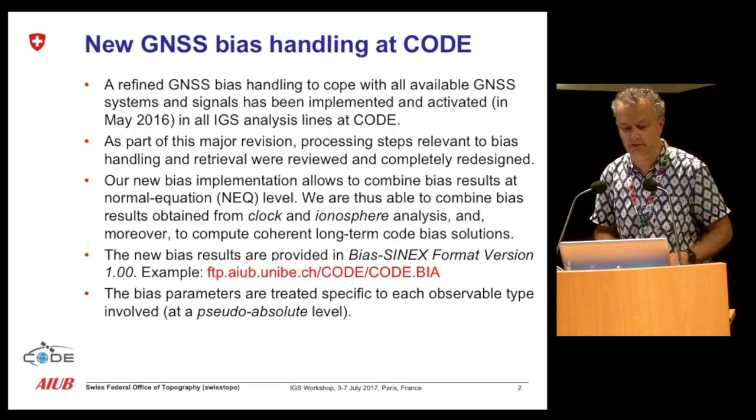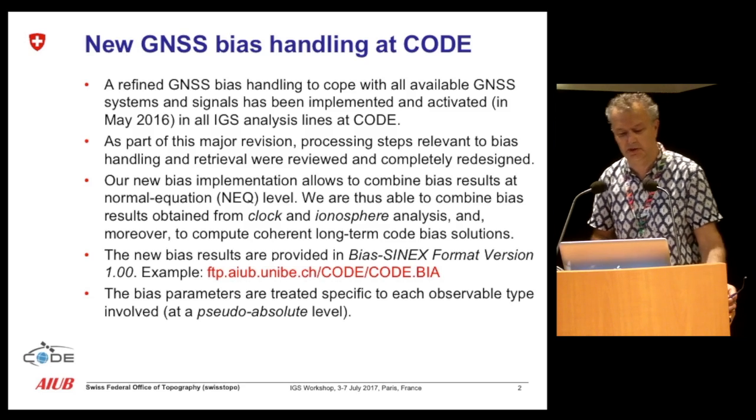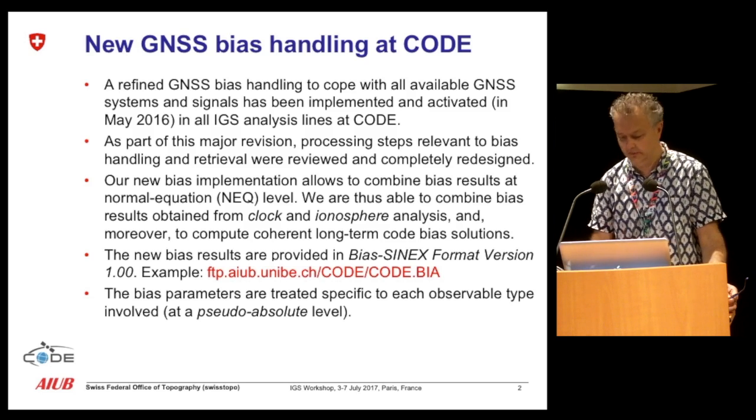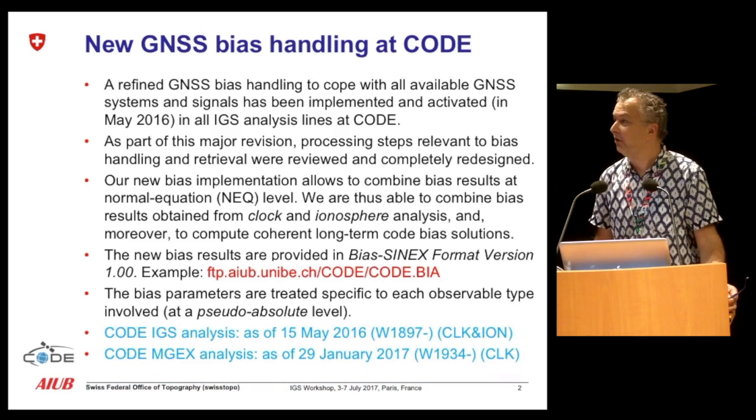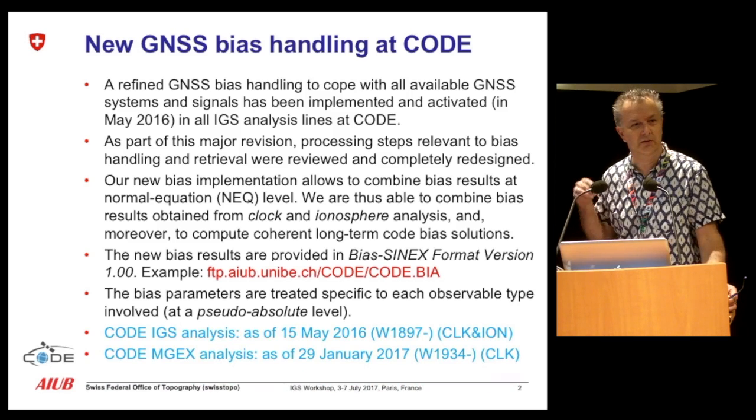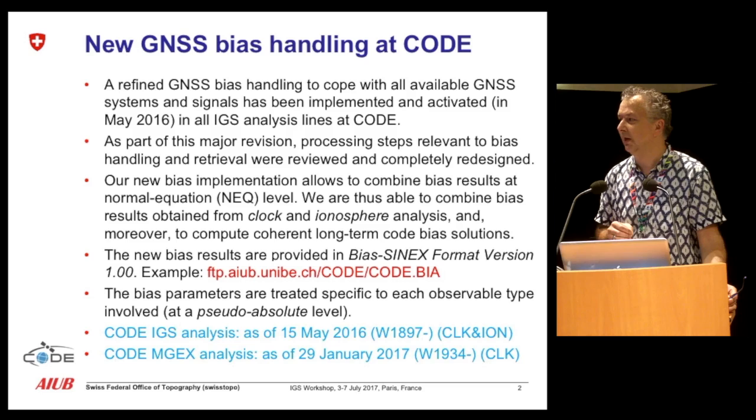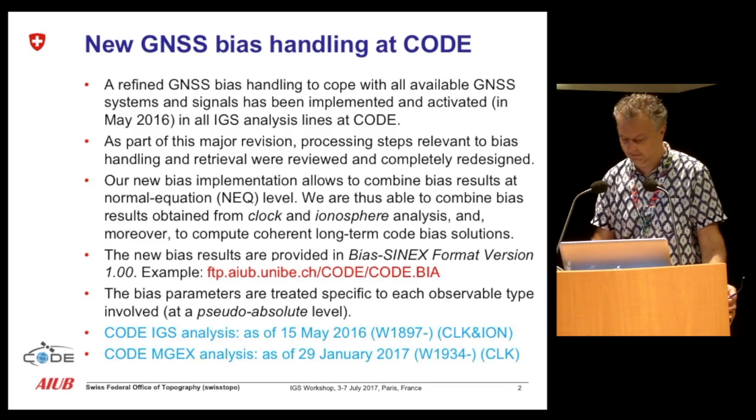The bias parameters are treated specific to each observable type involved. So this means they are treated at the pseudo-absolute level. As mentioned, this is activated in the operational GPS/GLONASS analysis and also in the MGEX five-system analysis since the end of January this year.